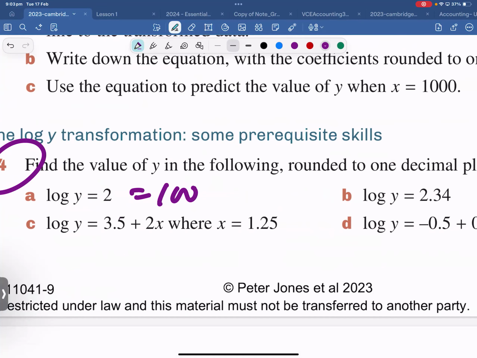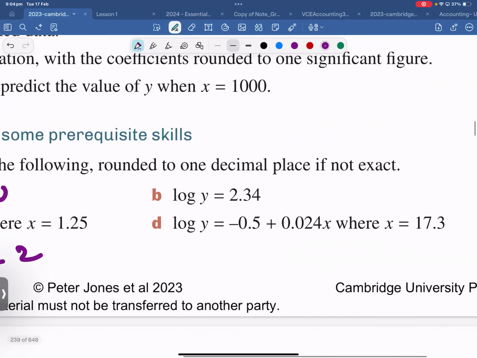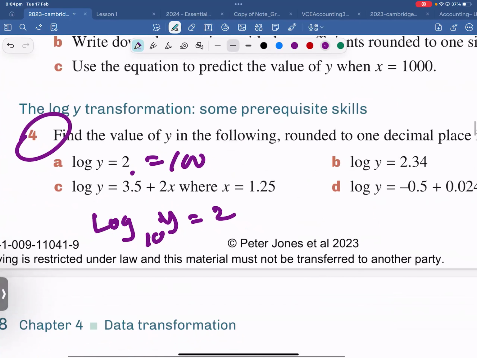That's why I said this is not the log value. You have to find the anti-log here. Why? The log value of y for the base 10 is 2. That means you are finding the anti-log, right? Yeah, so that means anti-log you have to apply.